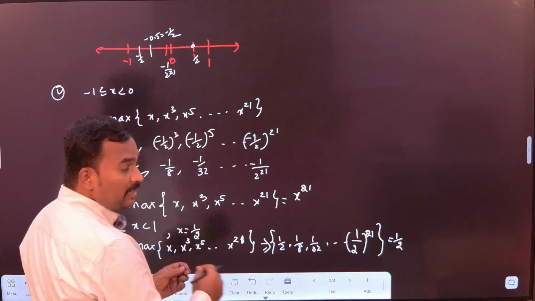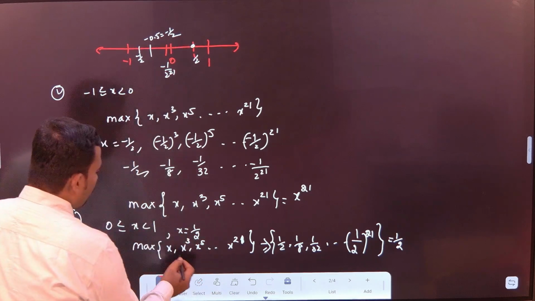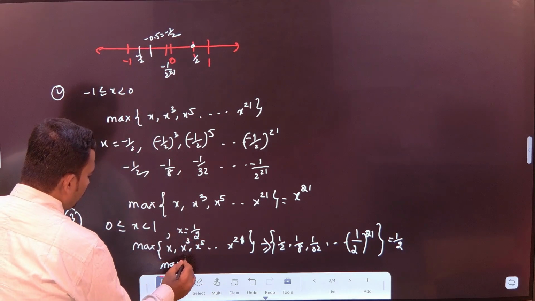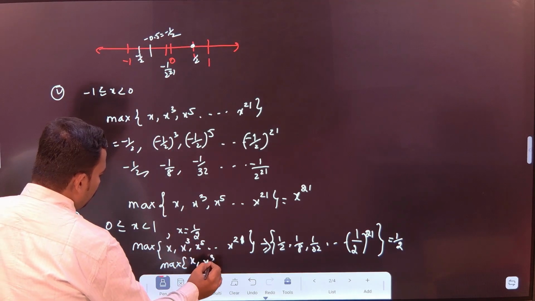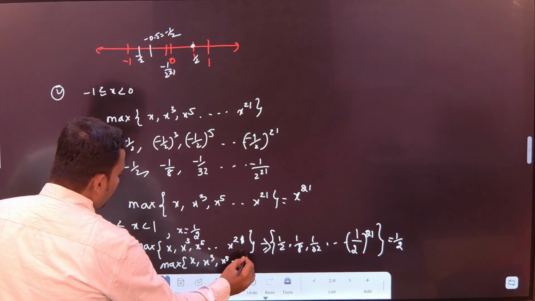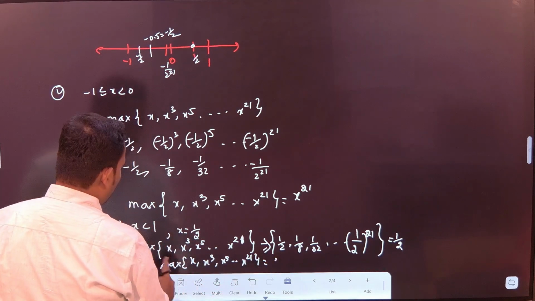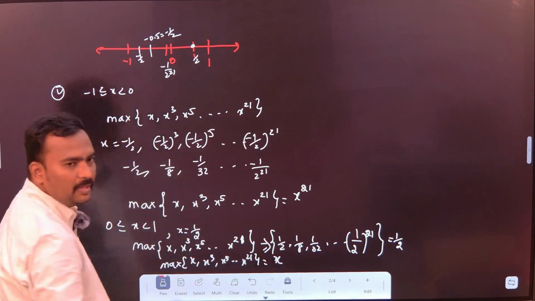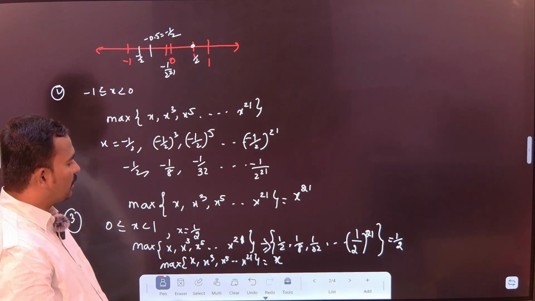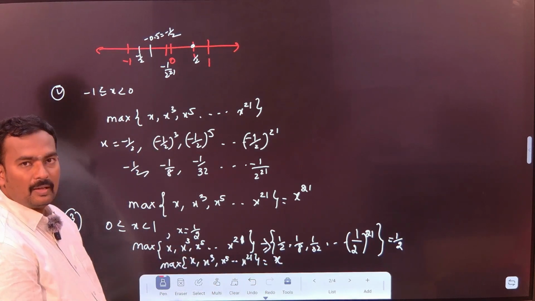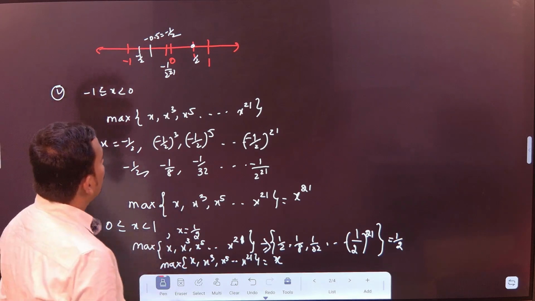So if you generalize, the maximum of x, x cube, x power 5, and so on, x power 21 will be x only. 1 by 2 is the maximum. Clear? Let me take another interval.